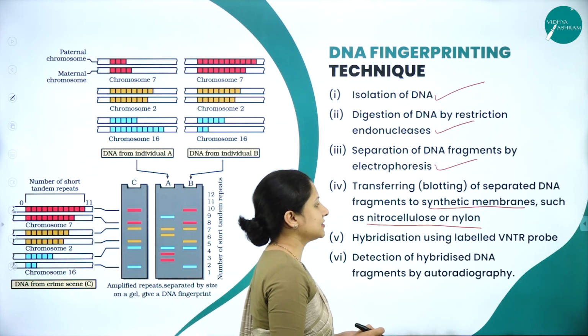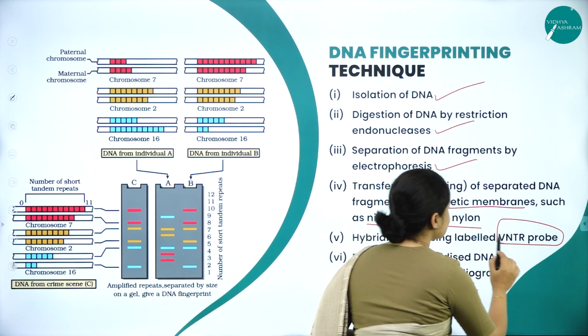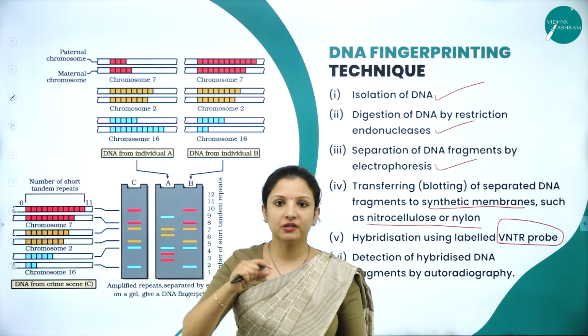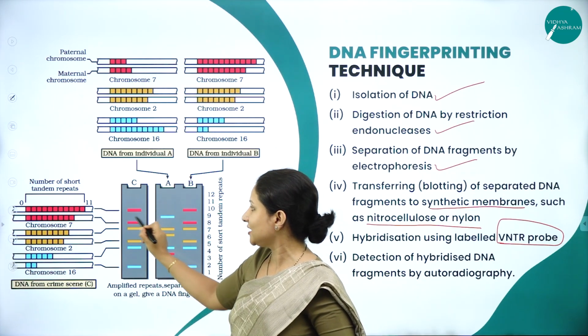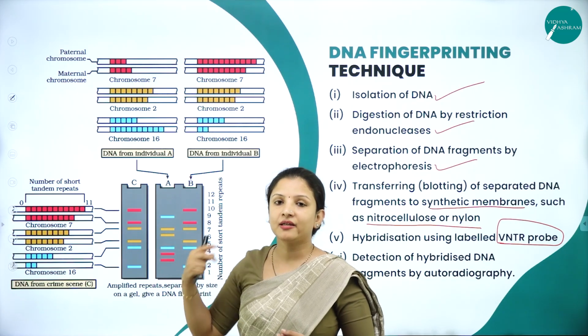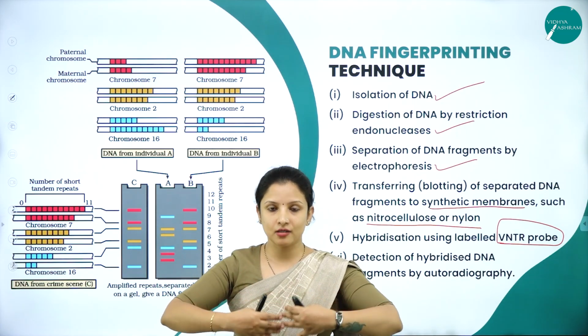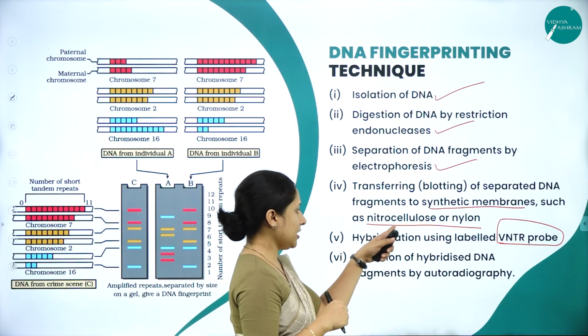After that, hybridization will be done using a VNTR probe, because we can't see the DNA. So different probes will be sent. Whichever probe is complementary to that particular sequence will go and bind there, and when we put that nylon sheet under UV radiation, different colors can be seen.